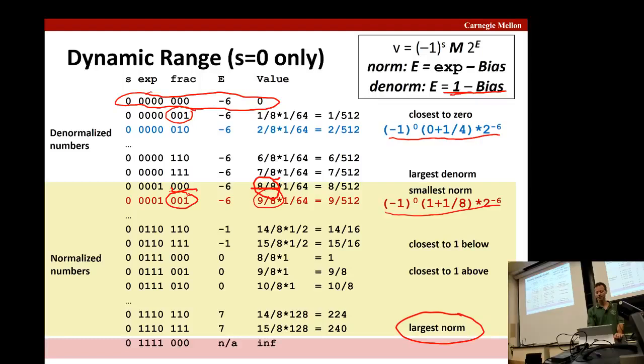And then after that, where the exponent is 1, 1, 1, it's either not a number, or infinity if the fraction is all zeros. So that's another way of using an example to figure out how these numbers play out. If you think about what kind of numbers can I represent, what do they look like?